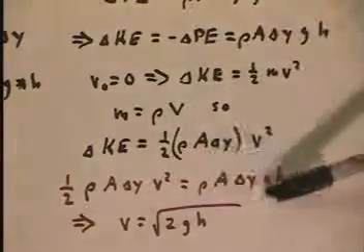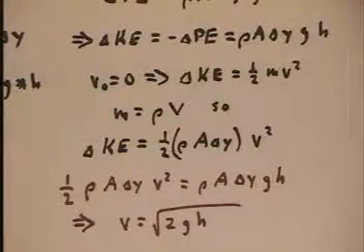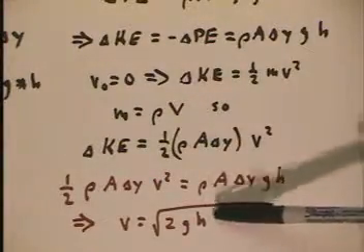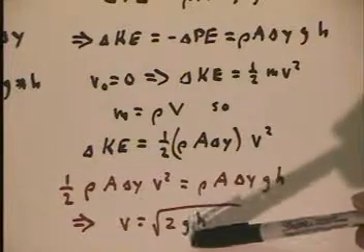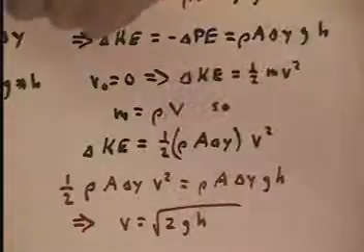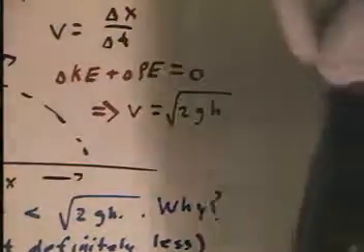So setting these expressions equal, we solve for velocity, and we get the square root of 2gh, which is, coincidentally, the speed that the object would have falling under the acceleration of gravity from rest for distance h. And that, of course, can also be modeled by conservation of energy.